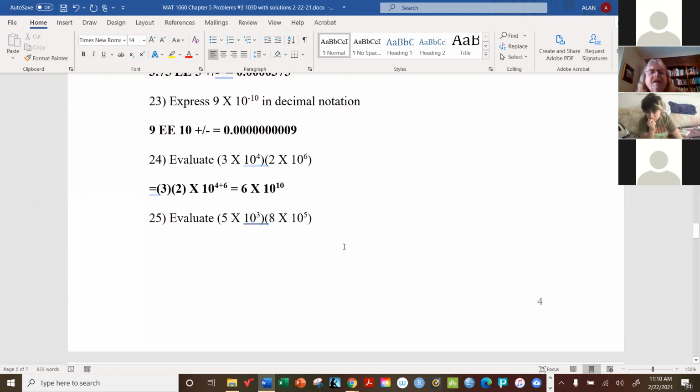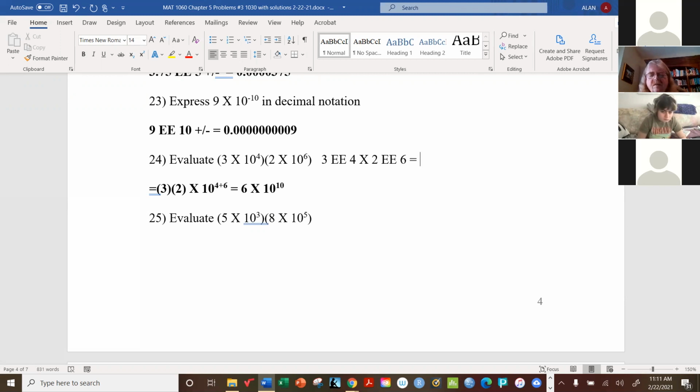Now, by the way, if you wanted to double check this, you could do something like this in your calculator. You could put 3 EE4 times 2 EE6 equals. Why don't we try that and see what happens? 3 EE4 times 2 EE6 equals.